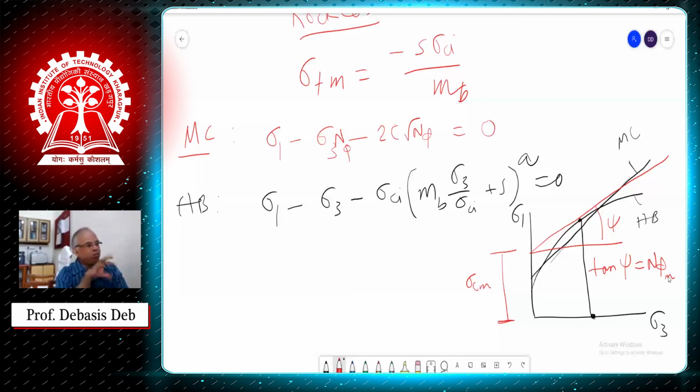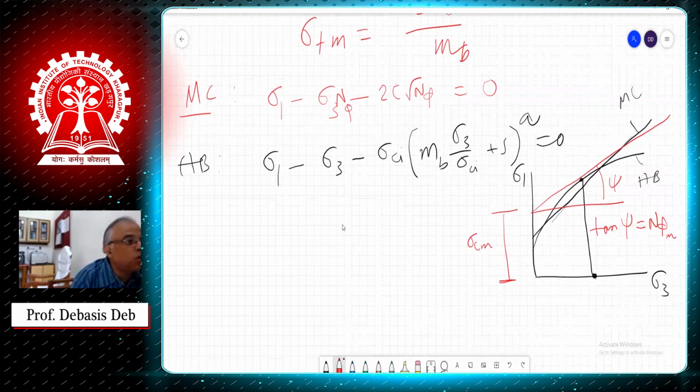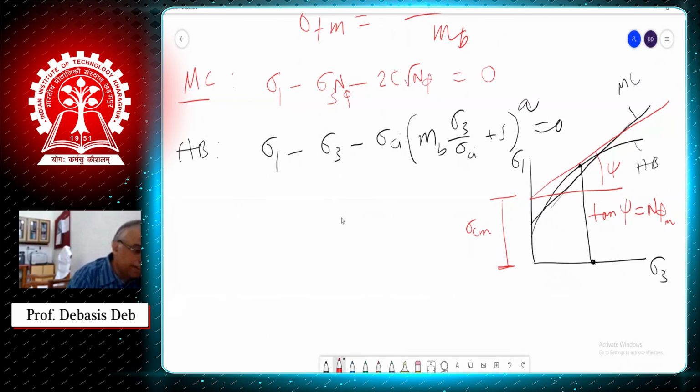So phi m is the variable here. If I have to find this, I have to take a derivative of this to find the slope. So if I take the derivative d sigma 1 by d sigma 3 of this one, what is the derivative?